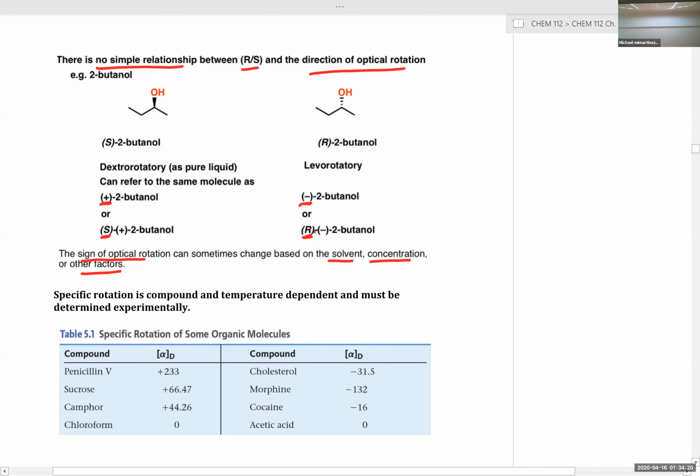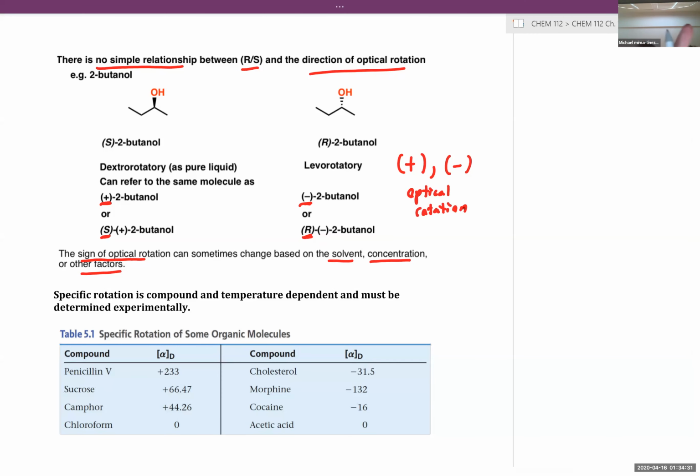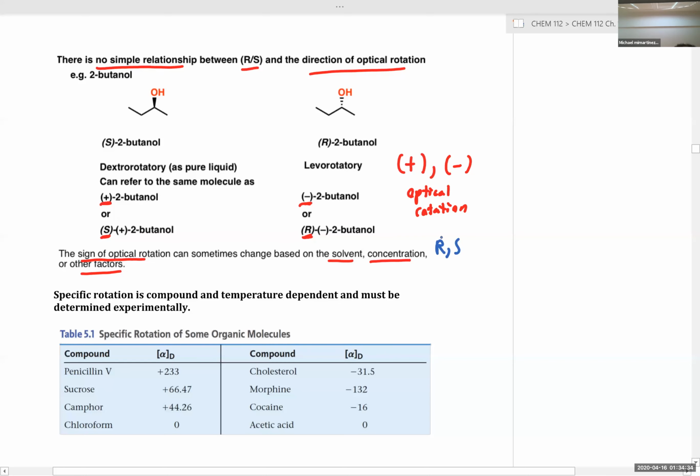The plus and minus have to do with optical rotation. The R and S have to do with the stereochemistry. Enantiomers have opposite stereochemistry and opposite optical rotation, but there's no clear correlation between R and plus or minus, okay?